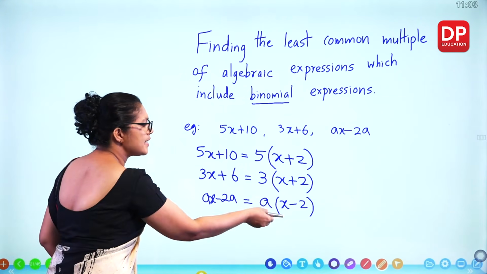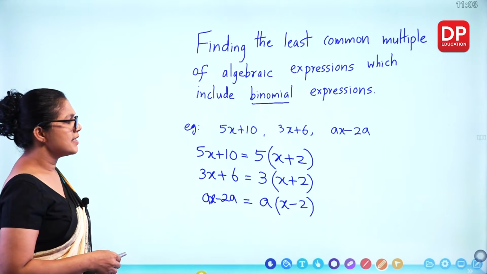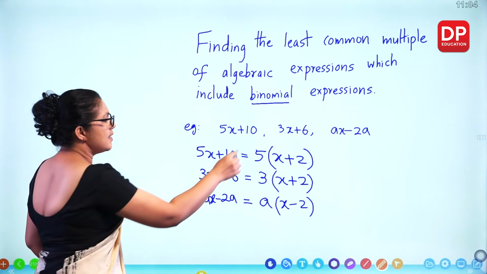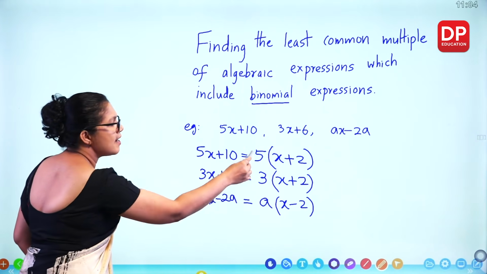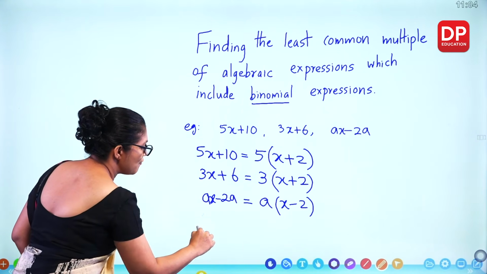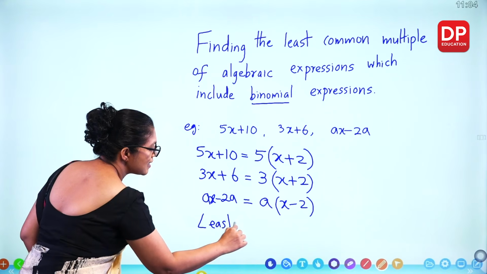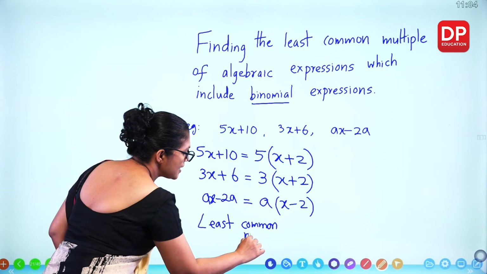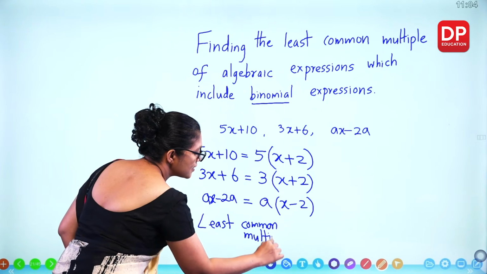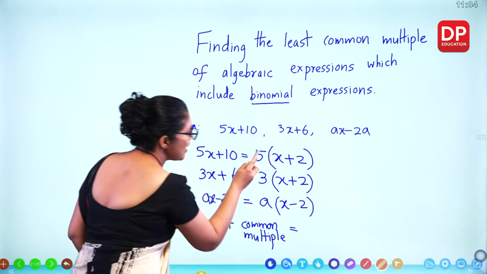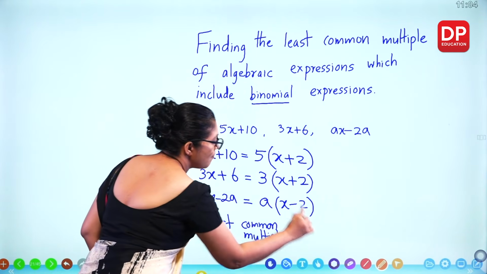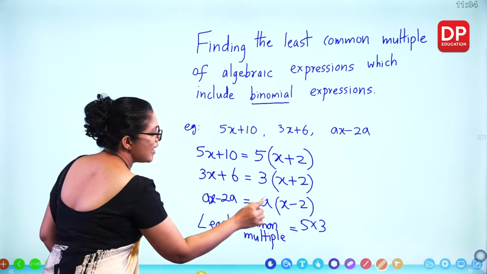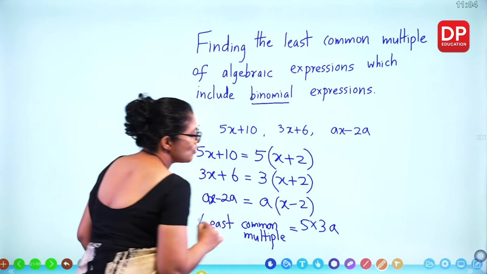So when you look at this expression, what's the least common multiple? 5, 3, a is there once. So that means when we want to take the least common multiple, we take the highest power. So when you take 5 to the power 1, 3 to the power 1, and we get a to the power 1.